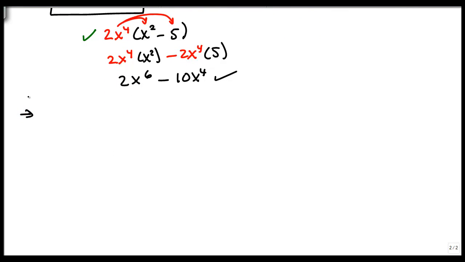Sometimes not just a binomial, but a trinomial can be factored as well. This example, 2x squared plus 2x minus 10, factor and check by multiplying.